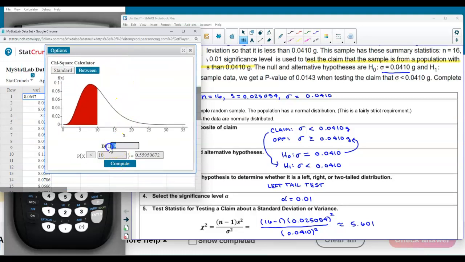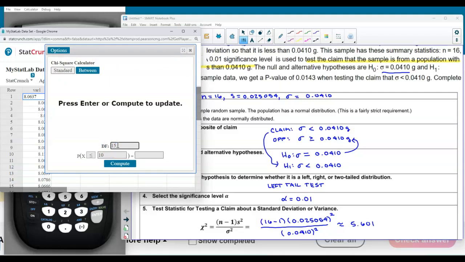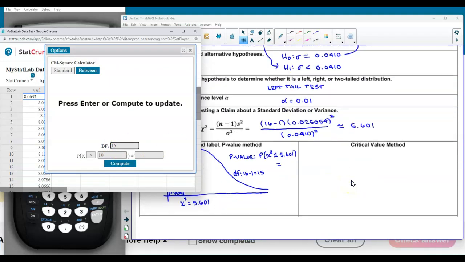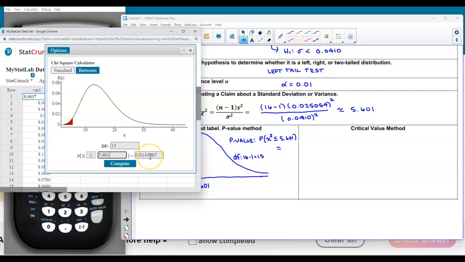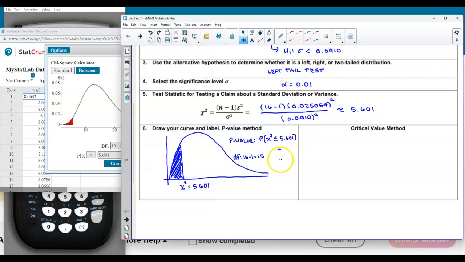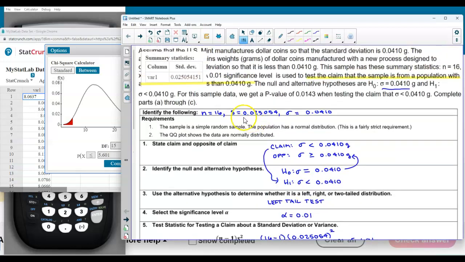We're going to put in the degrees of freedom, which is 15, and less than or equal to, and then we put in the test statistic of 5.601. And then you can see that we get the p-value to be 0.0143. And that matches the p-value that we got here in the problem.